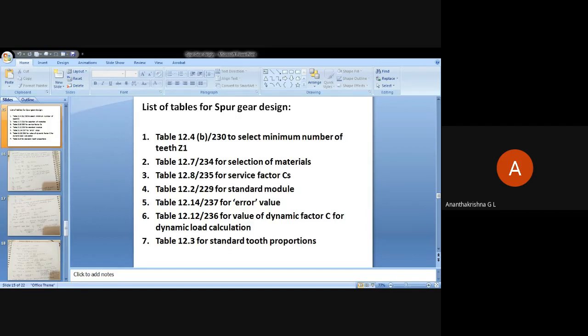Suppose your velocity is 9 meters per second: go to table 12.14, take the value of error at 8 meters per second and 10 meters per second, and take the average. Dividing by 2, you will get a value closer to 0.05 error.